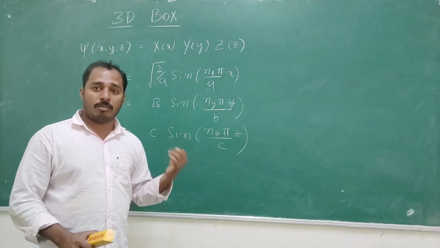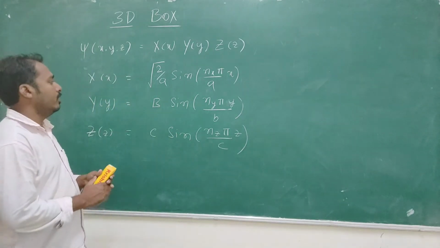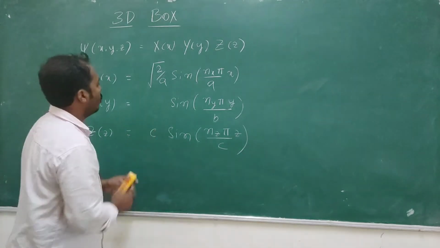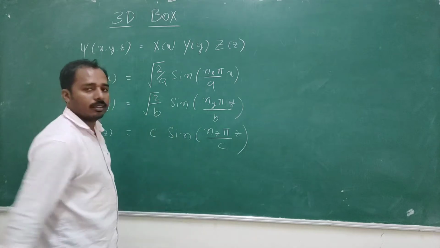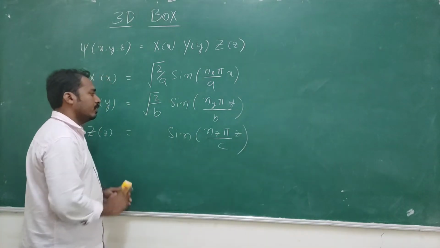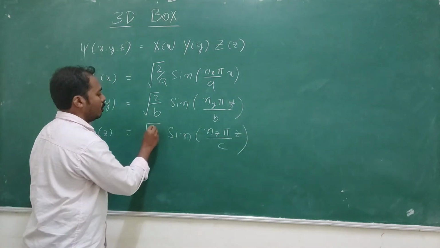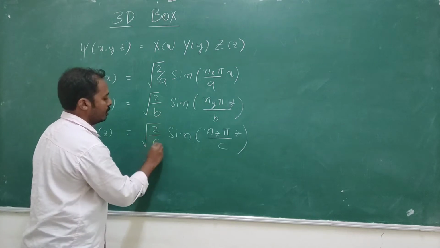Similarly, B is equal to root 2 by b and C is equal to root 2 by c.